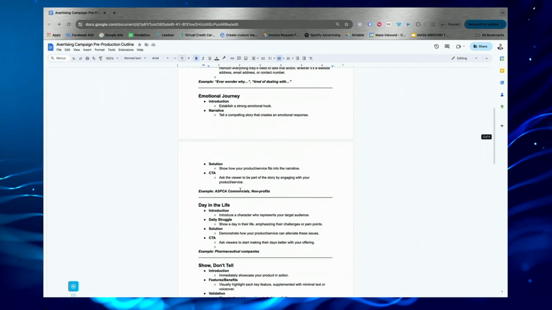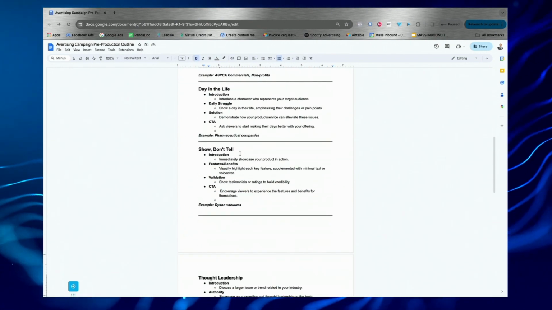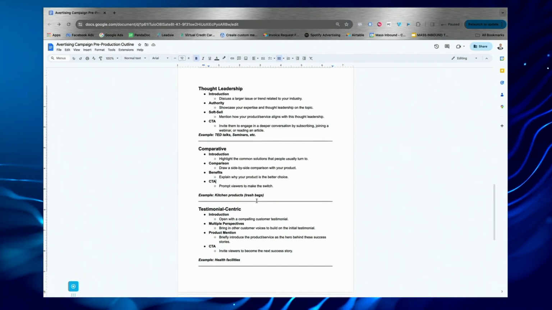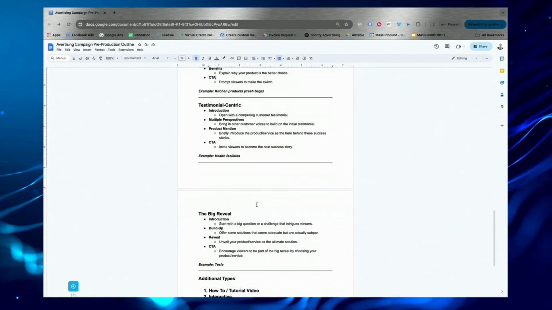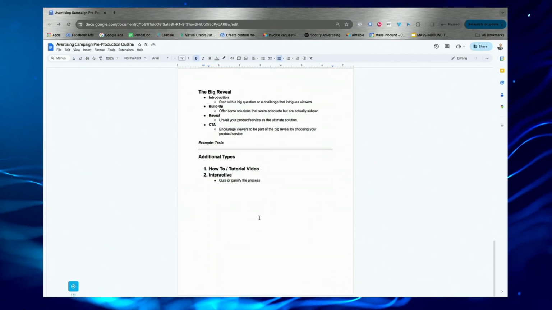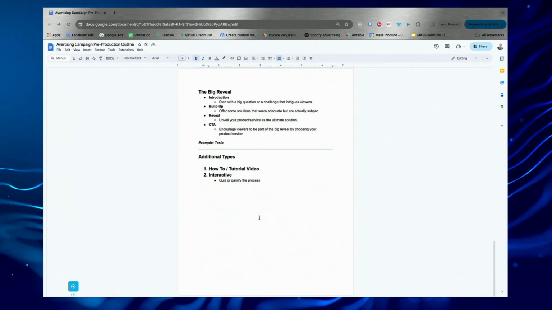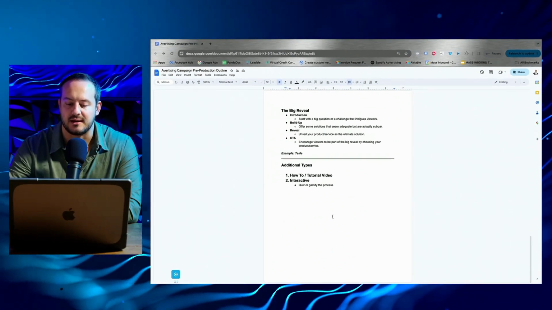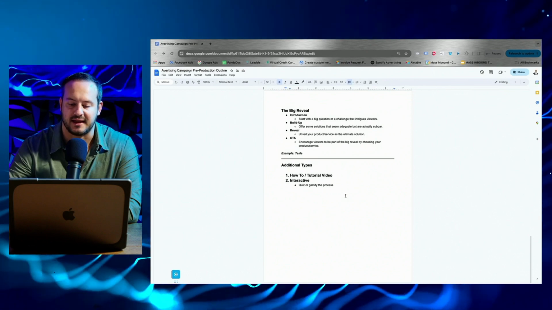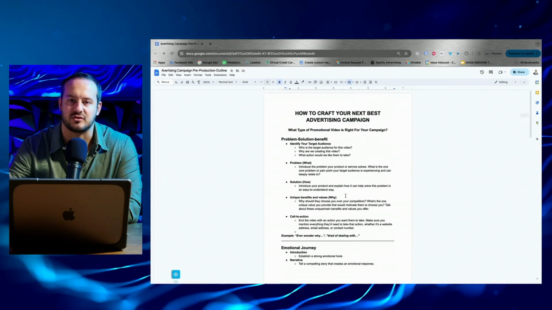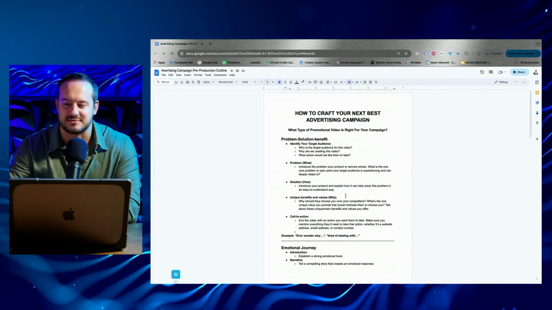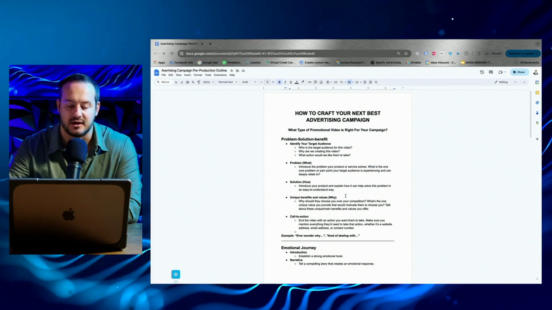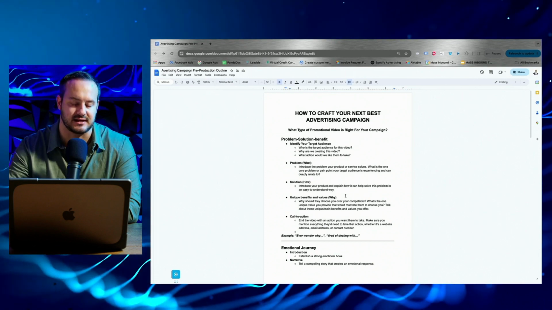Emotional journey, day in the life, show, don't tell, thought leadership, comparative, testimonial centric, the big reveal. And then I have a few additional types that I've seen also create a way for you to cultivate a campaign, which could be a how-to or tutorial and an interactive way to create some type of interaction between the audience and some type of engaging manner that does allow you to commit to sales as well.